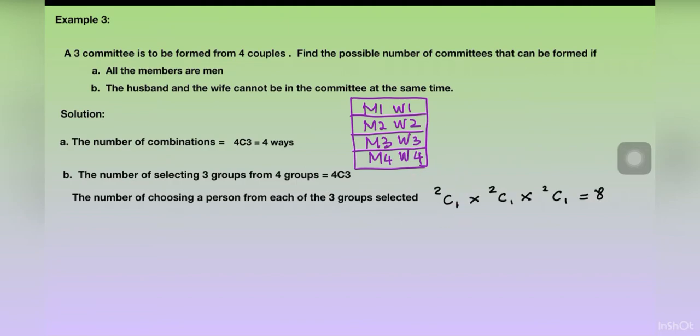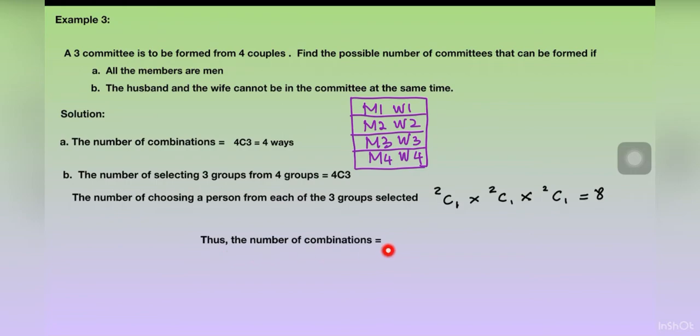2C1 means we choose 1 person from a group. For instance, from the first group we choose 1, and the other one will remain. Then we choose 1 person from the second group, and 1 person from the third group. So we will have 8 ways.